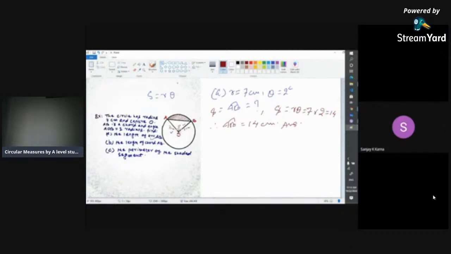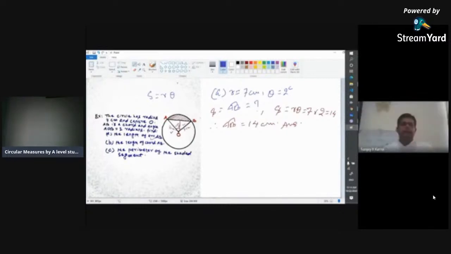This is the center, and when you drop a perpendicular onto this chord AB, what is the property? The line will bisect this angle. That means if this is 2 radian, it will become 1 radian on this side, and 1 radian on the other side also.